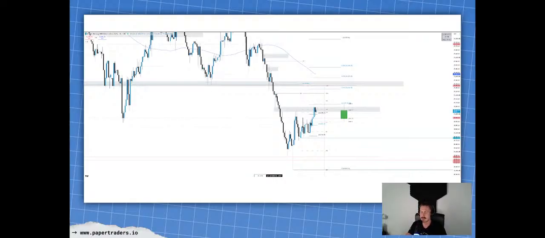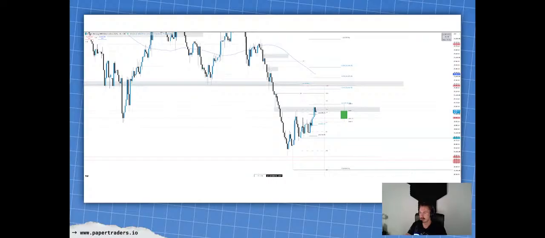The 8 a.m. hour closed inside the 7 a.m. hourly candle. So currently watching the 9 a.m. candle and see what price wants to do.